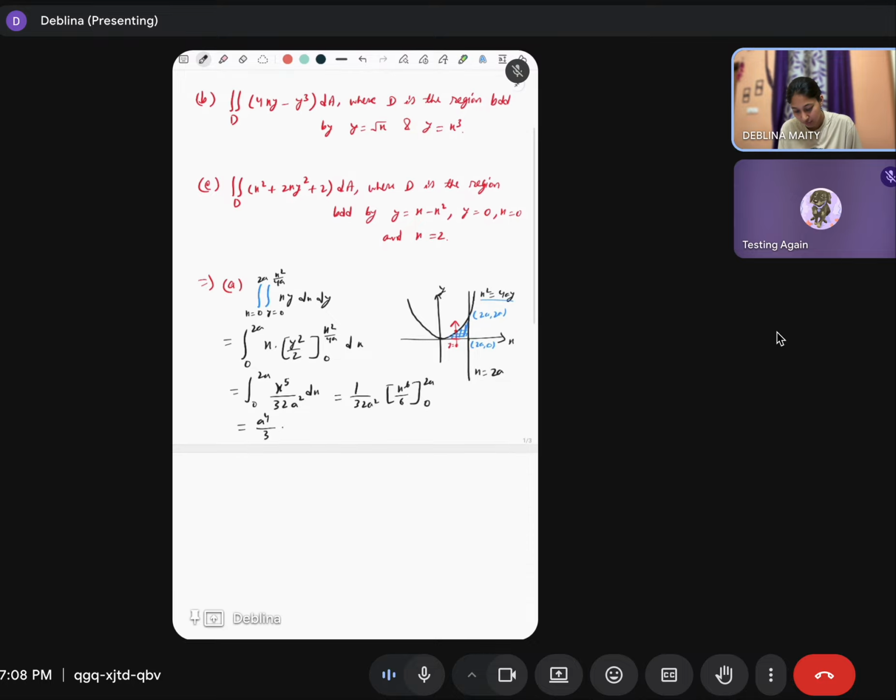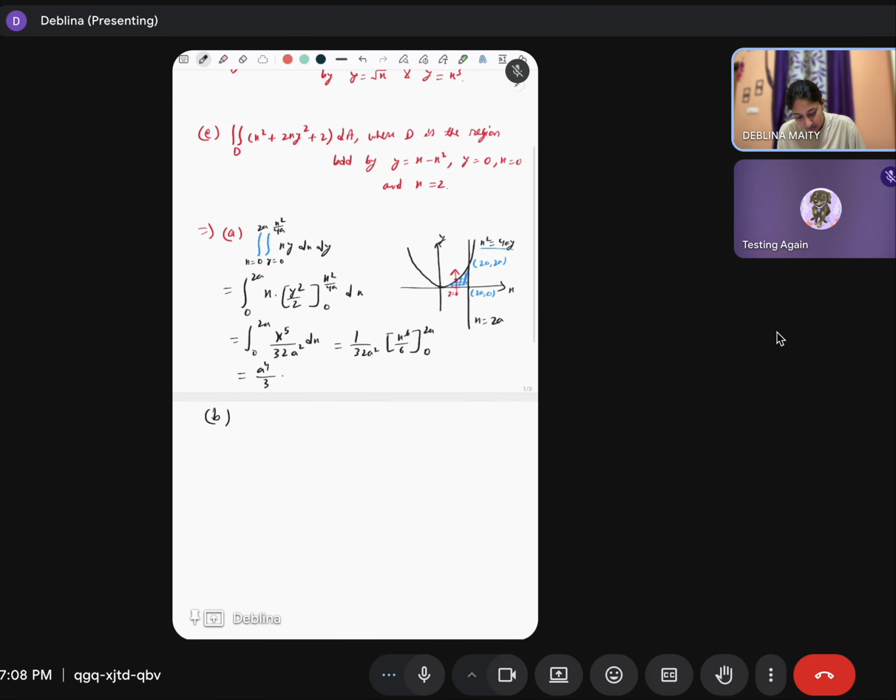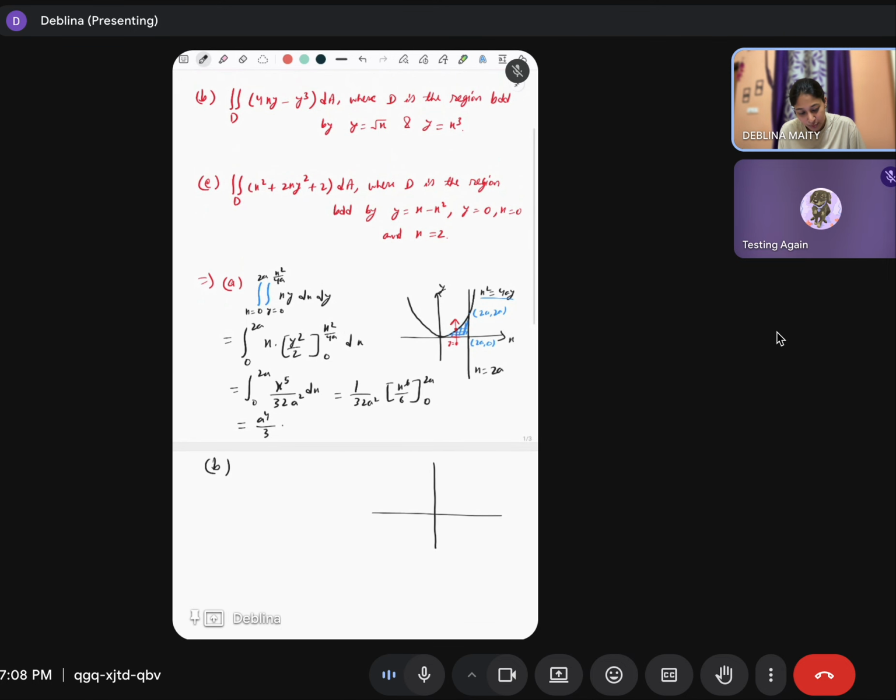So let's do B. For B, our D is the region bounded by y equals root x and y equals x cube, right? So first, y equals root x, how does it look? Yeah, like this one.